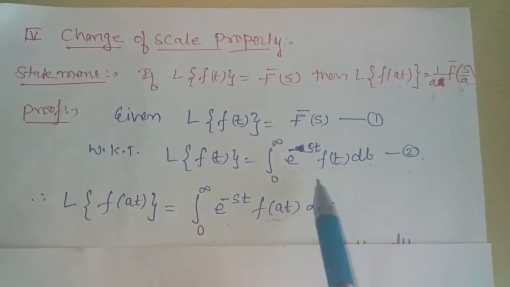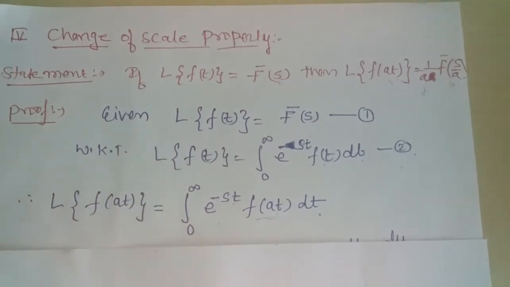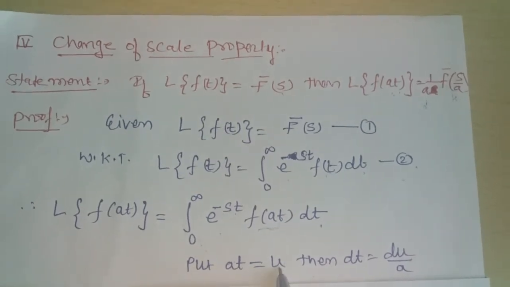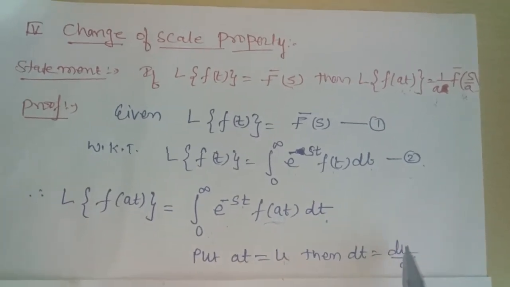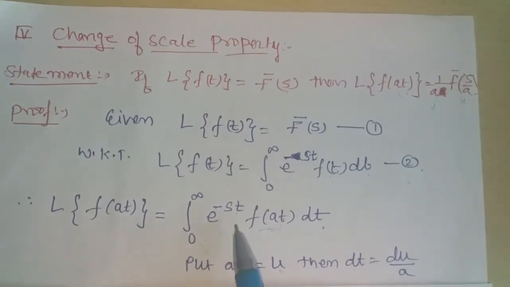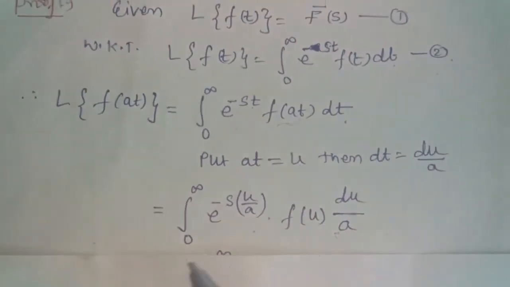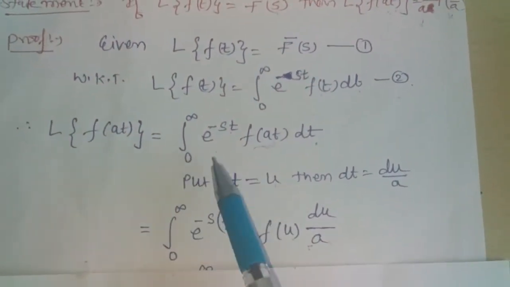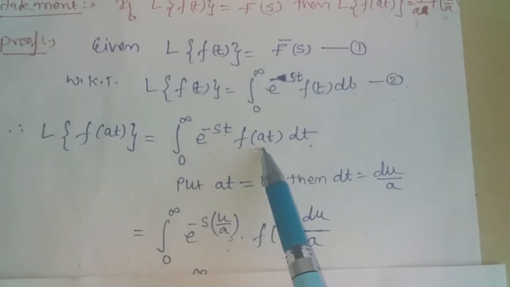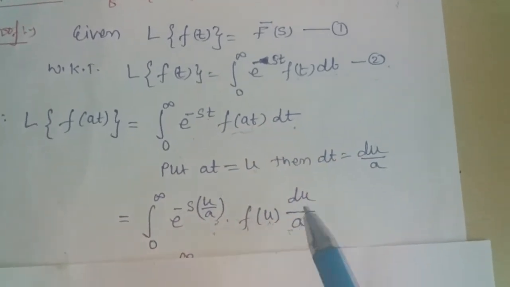Now in this integral we use a substitution, at = u, which gives a dt = du, that is, dt = du/a. Using this substitution in this integral, we get the integral from 0 to infinity of e^(−s(u/a)) f(u) du/a.